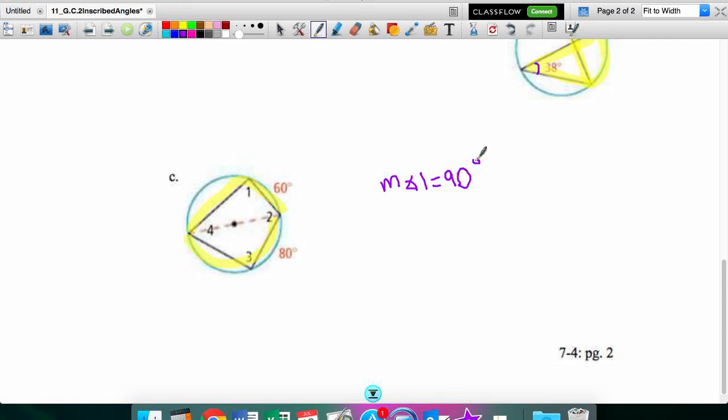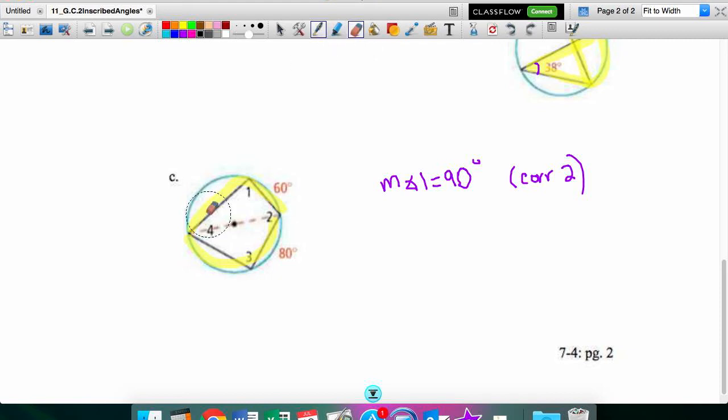Now, either by corollary 3 or corollary 2 again, you can draw the same conclusion about 3. Because 3 is also fit to a semicircle, that would be corollary 2, or you could use the fact that angles directly across from each other in a quadrilateral will be supplementary, and 90 degrees is supplementary to another 90-degree angle.